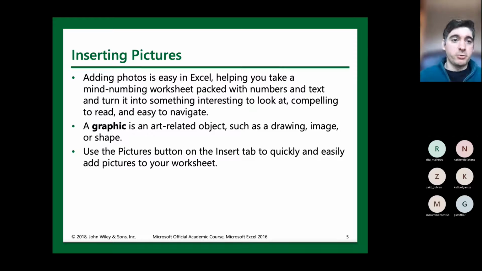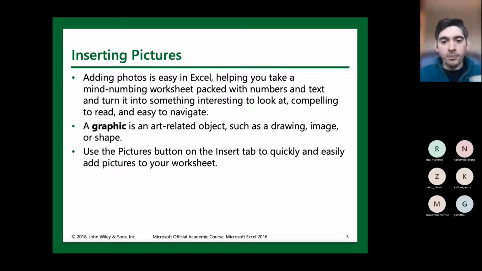Adding photos is really easy in Excel. A graphic is an art-related object, such as a drawing, image, or shape. Now, images come in all sorts of different file formats. Has anyone heard of different file types or file extensions, as we call them, for an image or a picture?